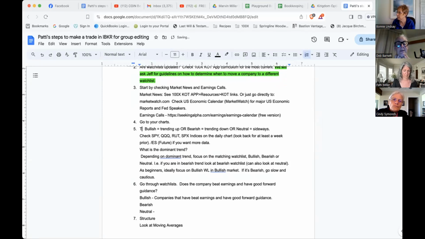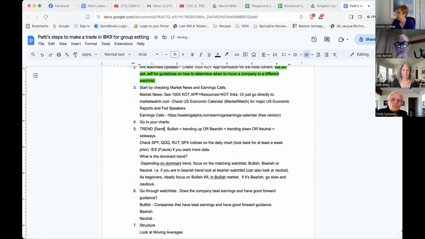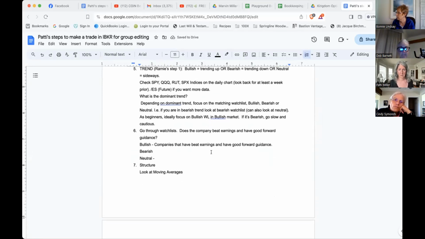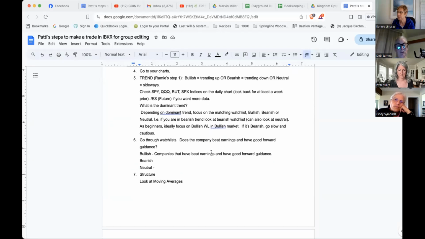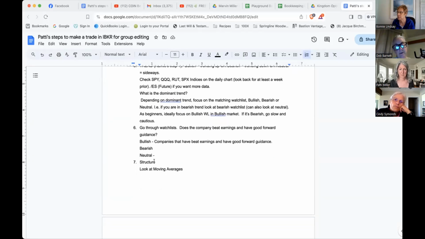And that's highlighted, and you could put like bracket Rami step 1. Okay. And then go down to structure and make structure capital letters, and Rami step 2.